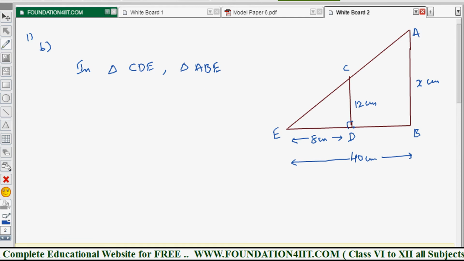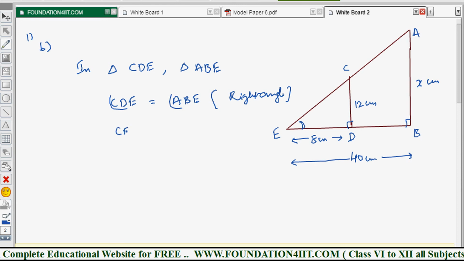That means this is 90 degrees and this is also 90. Angle CDE is equal to angle ABE. Both are right angles, and E is the common angle for both.